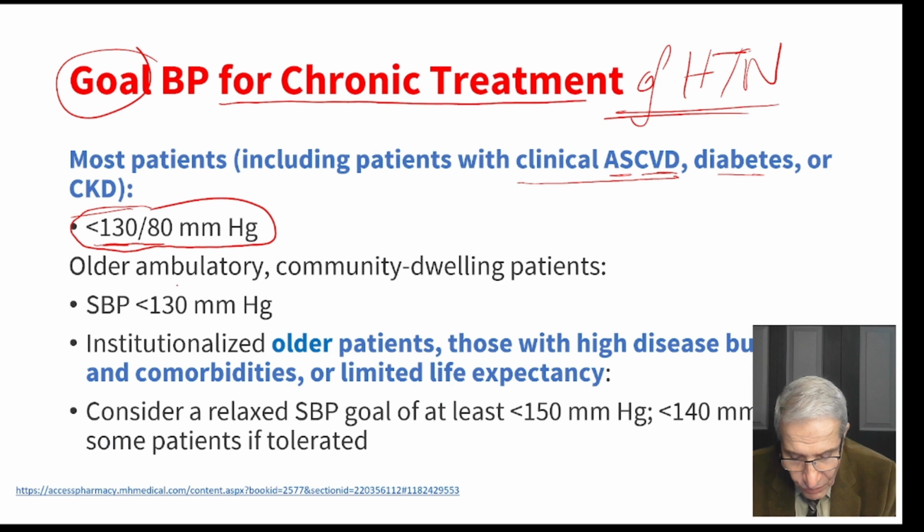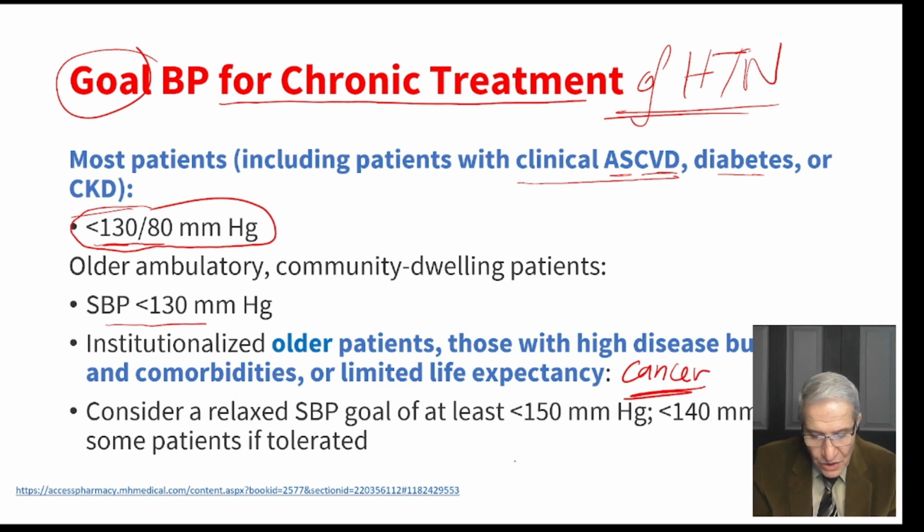For elderly, older ambulatory, community-dwelling patients, systolic blood pressure less than 130. Older patients with a high disease burden, comorbidity, and limited life expectancy, such as end-stage cancer, for example, we accept the blood pressure to be less than 150 or 140.